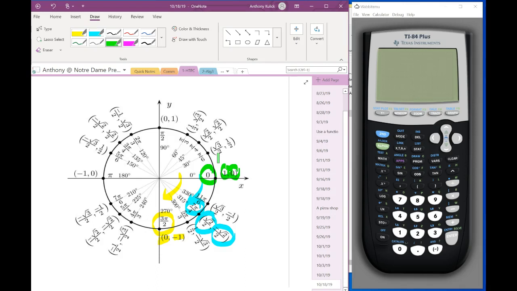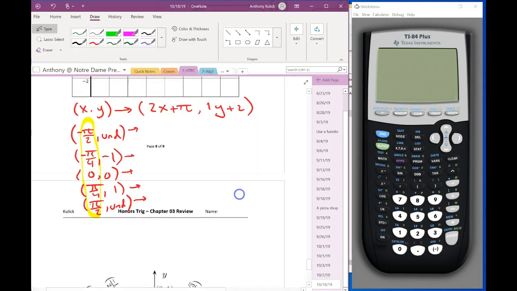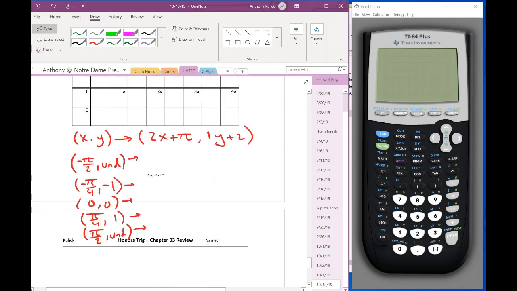Yes. Okay. I'm not convinced, but I'm going to let it go. So what I'm going to do now is I'm going to just push these through. Negative pi over 2 times 2 is negative pi, plus pi is 0. Anything done to undefined stays undefined.